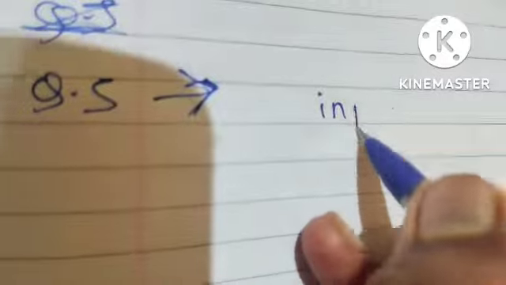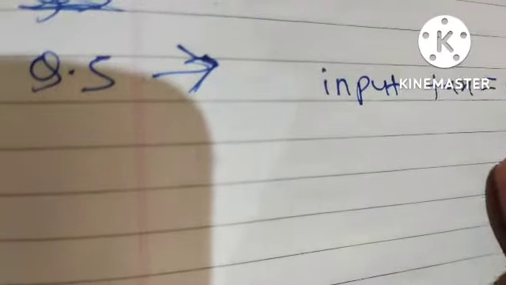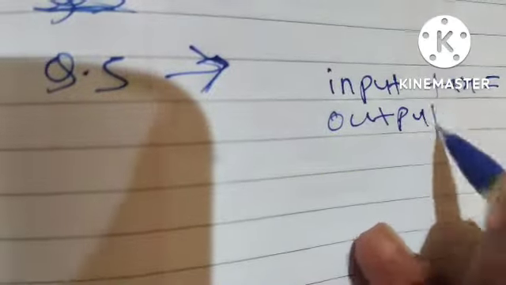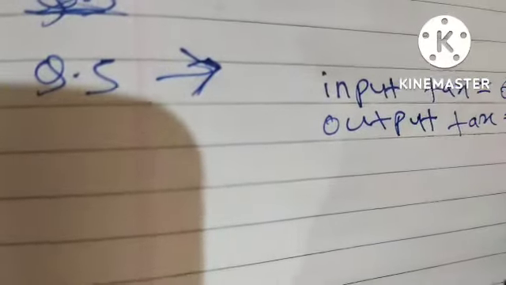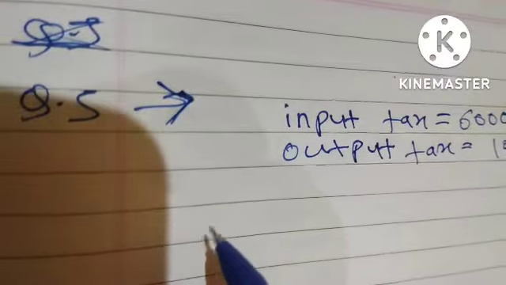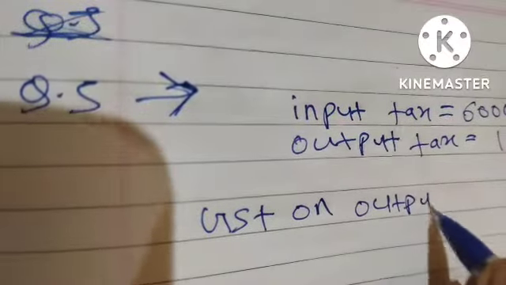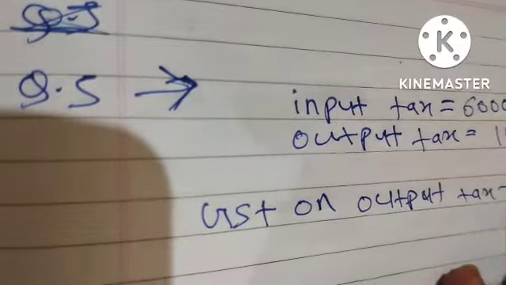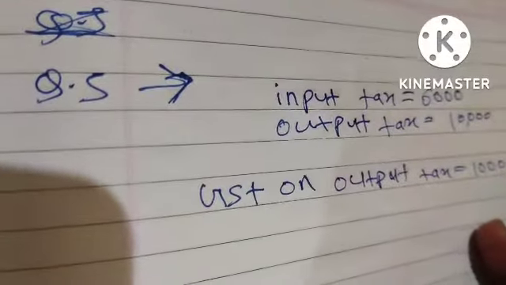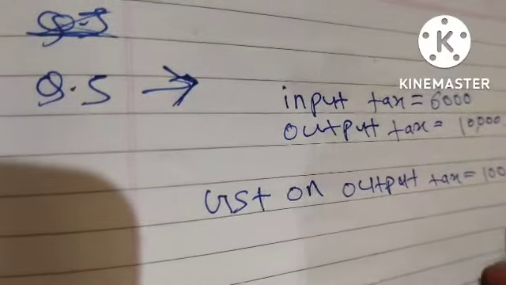So first of all, let's write here the input tax. It is 6,000. Output tax is 10,000 rupees. So find the GST on output tax, which is equal to 10,000 into 18 upon 100. 1800.